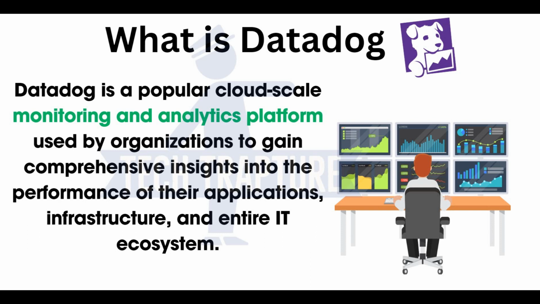You can also set up different kinds of alerting and monitoring on Datadog. I'm not going into detail on all the capabilities of Datadog here, because the main purpose of our video is to create an integration between Datadog and Google Cloud.